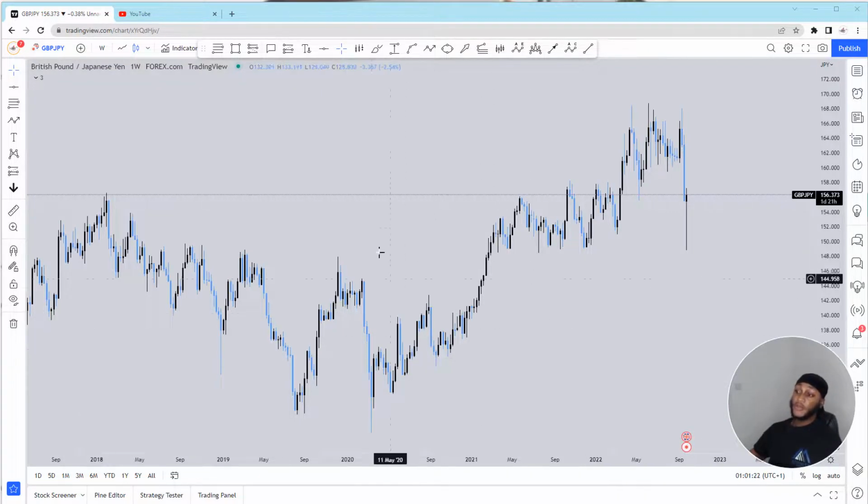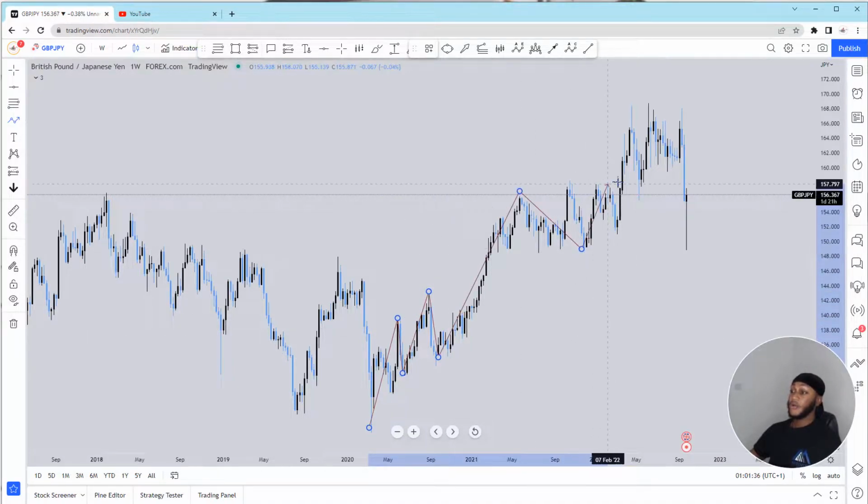You can look at the momentum already on GJ, and what I can see straight away is that the momentum is strong towards the upside. You can see price is giving us some massive higher highs and some higher low formation. That's what I can identify by looking at GBP JPY.